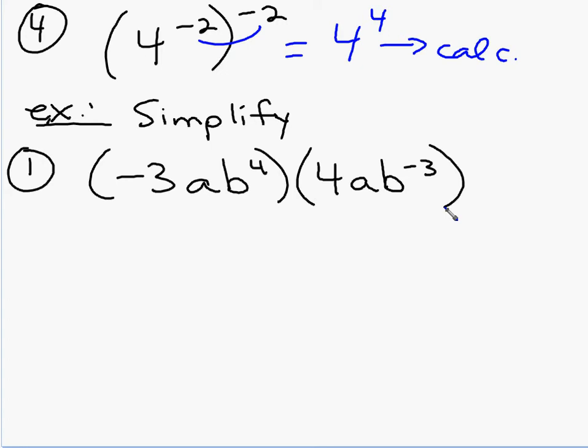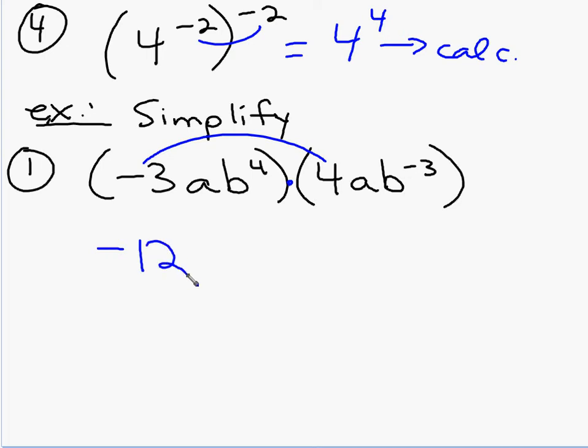Now, we've got several things going on here, and you just want to take one at a time. The first thing we've got going on is we've got some coefficients. So I have a negative, remember this is multiplication in here. So negative 3 times 4 is negative 12.